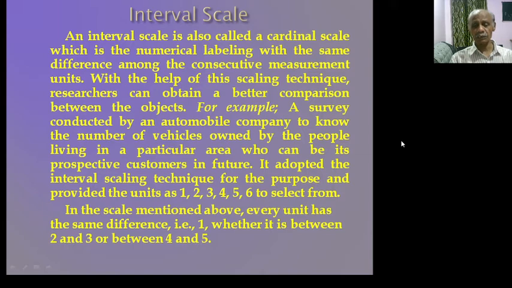For example, if the scale is only 10 centimeters, every centimeter is given numbers 1, 2, 3, 4, 5, 6, 7, 8, 9, 10. So every unit is only 1 unit away from the other, whether it is between 1 to 2, 2 to 3, 3 to 4, or 4 to 5, etc. Like that, the scale is called interval scale.